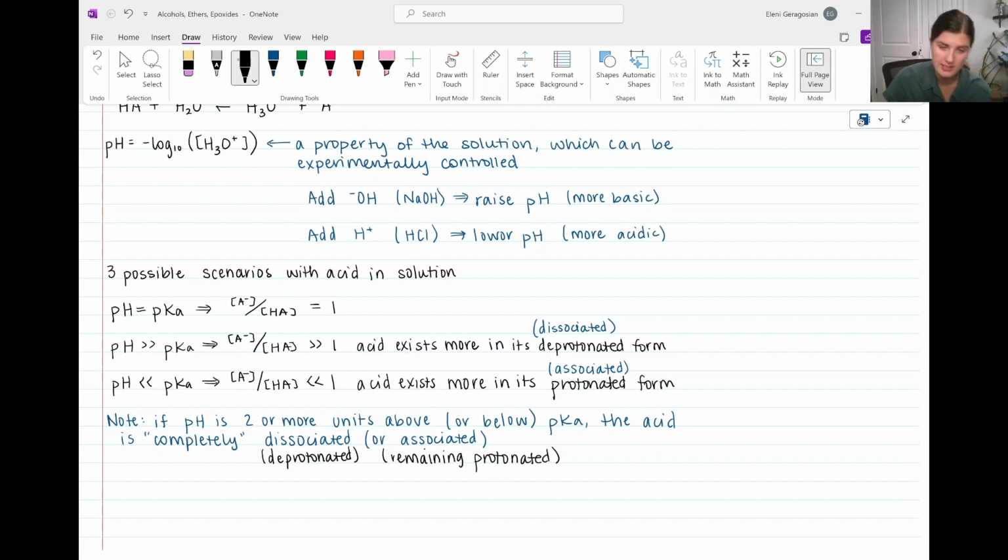So the proton has not been donated. Now I say completely in quotes because it's never completely dissociated or completely associated in reality. There's always some equilibrium, but we can treat it as being completely dissociated.